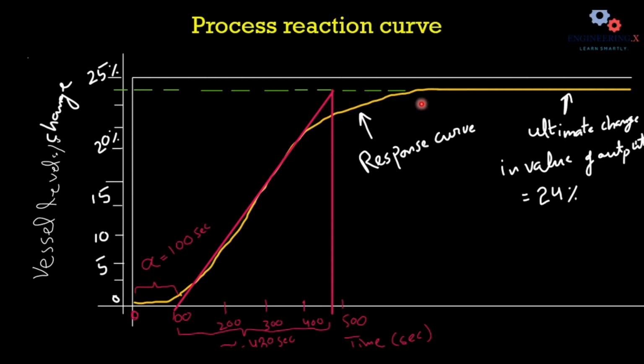From this response curve we can get the transportation lag value, the process gain value, and tau, or the time constant for this system. What we have to do is take the inflection point of the response curve and draw a tangent line, and then draw a vertical line.